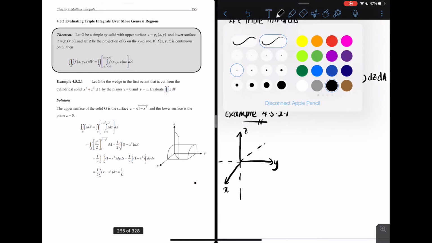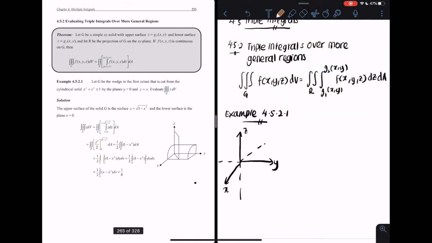Please remember what we have studied in chapter 1. So you will have what we call a circular cylinder. I'll show you one by one, and then we will try to sketch it on the same three-dimensional coordinate system.